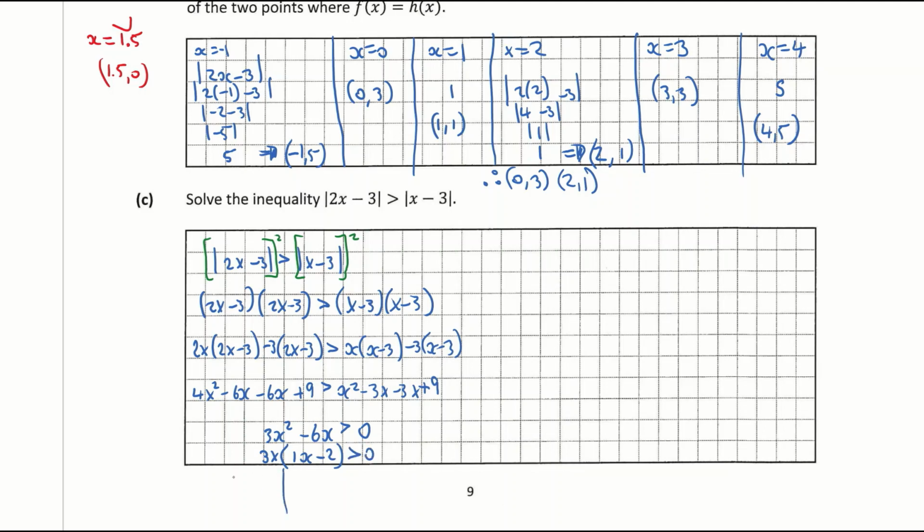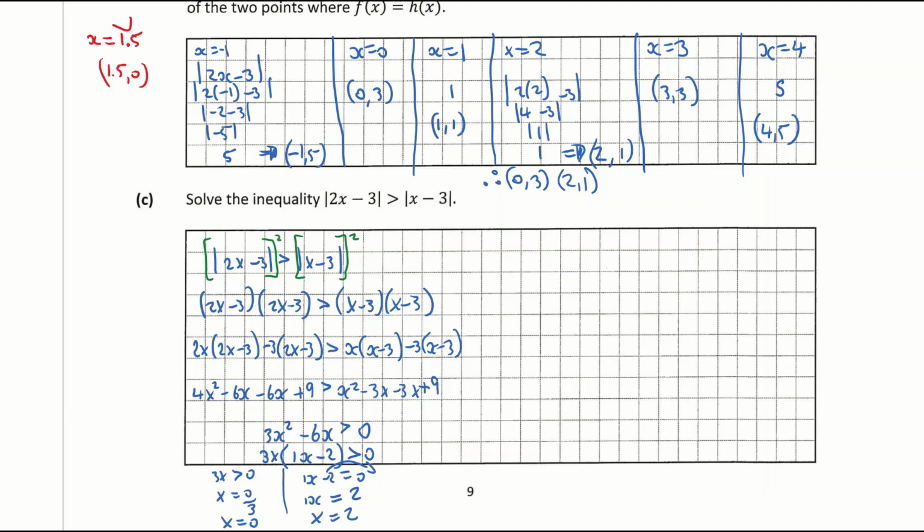So solving that, 3x is equal to 0, so x is equal to 0. Then x minus 2 is equal to 0, because we're letting it equal as we need to find our roots where it actually crosses the x-axis. So x is equal to 2.